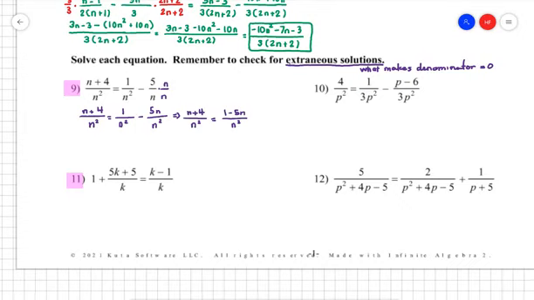And now I've got a fraction is equal to a fraction, so I can make a proportion. So I've got n plus 4 times n squared is equal to n squared times 1 minus 5n. So that's n cubed plus 4n squared is equal to n squared minus 5n cubed.